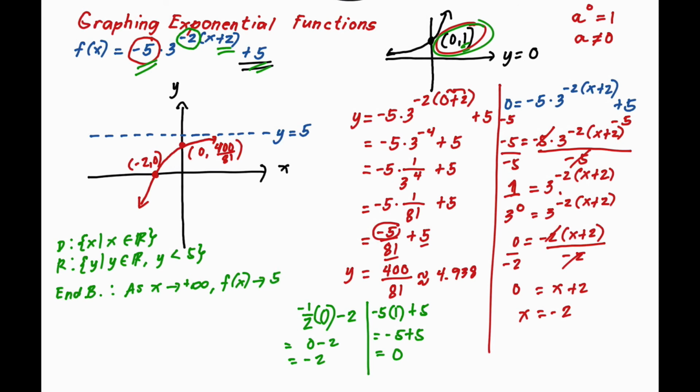And as x approaches negative infinity, as you can see, the graph is decreasing, so f of x approaches negative infinity. And for the interval, as you can see, from left to right it's increasing. So from negative infinity to positive infinity, the graph is increasing. There. Thank you.